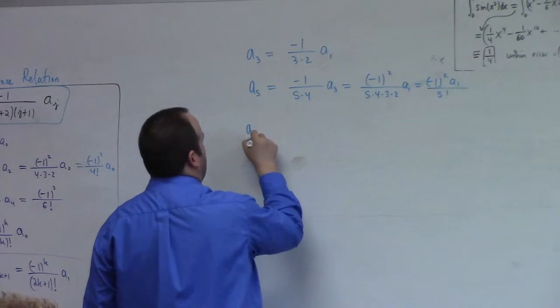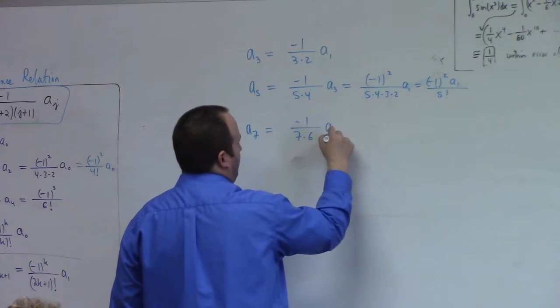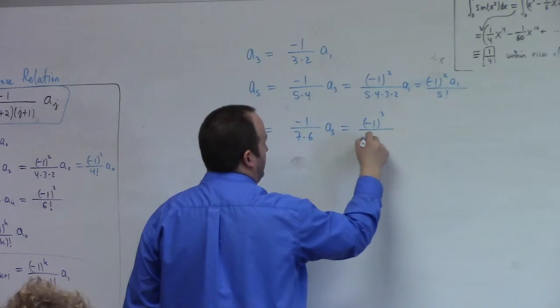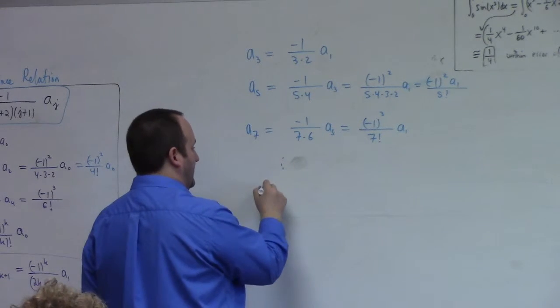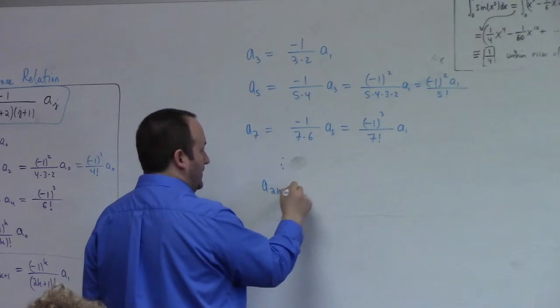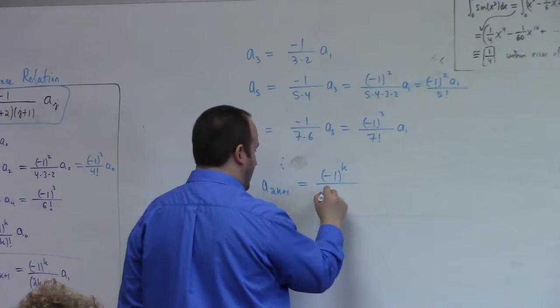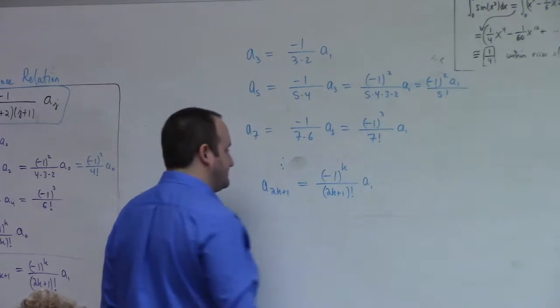A sub 7 is minus 1 over 7 times 6, a sub 5, which, by the way, is minus 1 cubed over 7 factorial, a sub 1, and so forth, right? You can see the pattern. A sub 2k plus 1 is equal to minus 1 to the k divided by 2k plus 1 factorial, a sub 1.